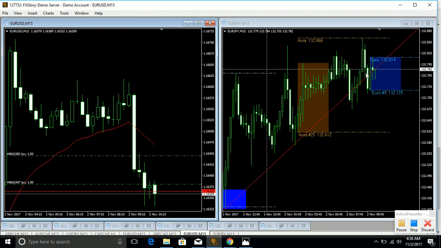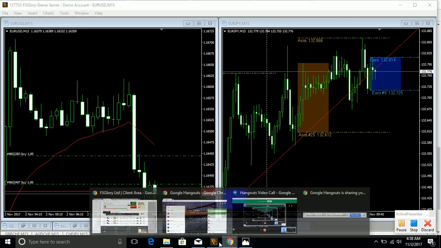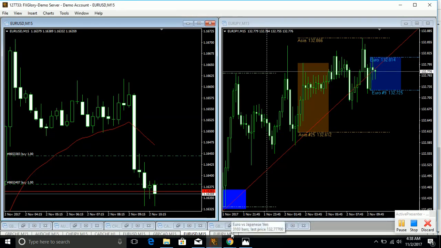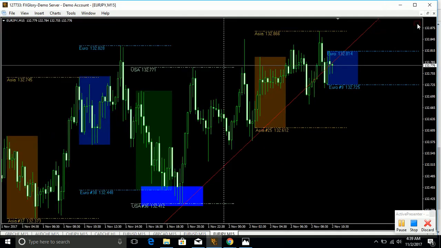Now look at this Euro JPY. Or really, you can look at both of them because both of them are still playing out fairly well. But yeah, Gucci, you see this Euro JPY?